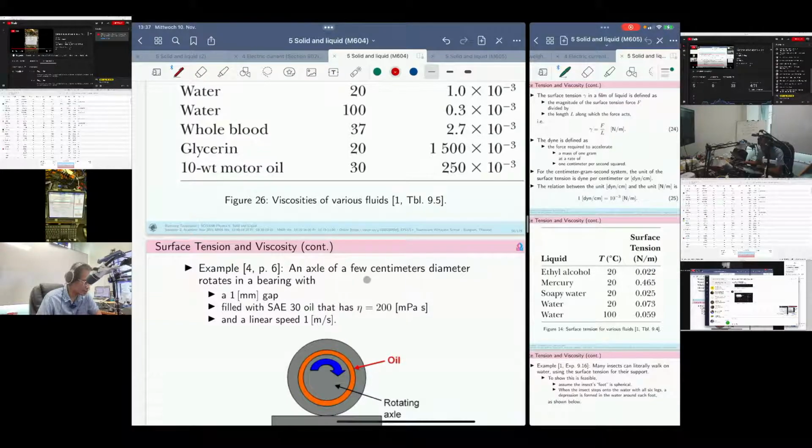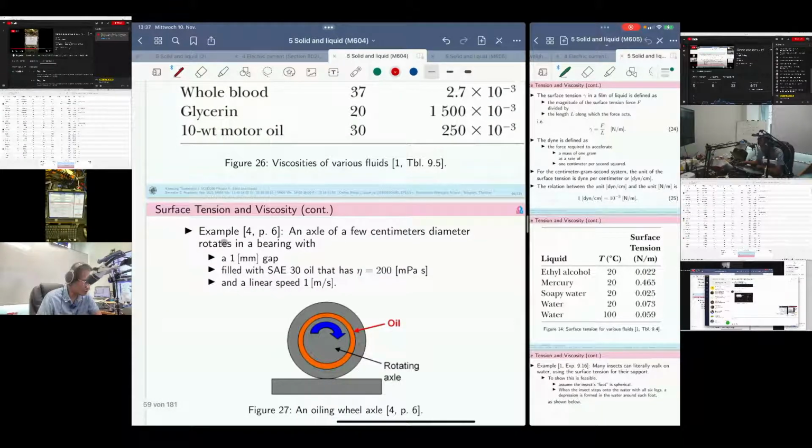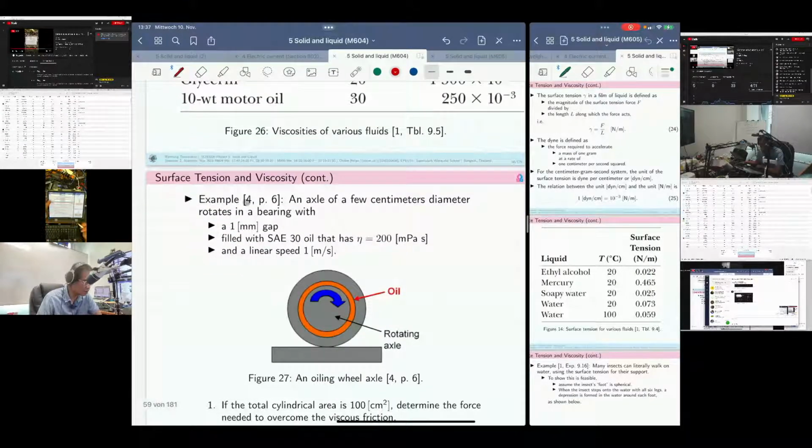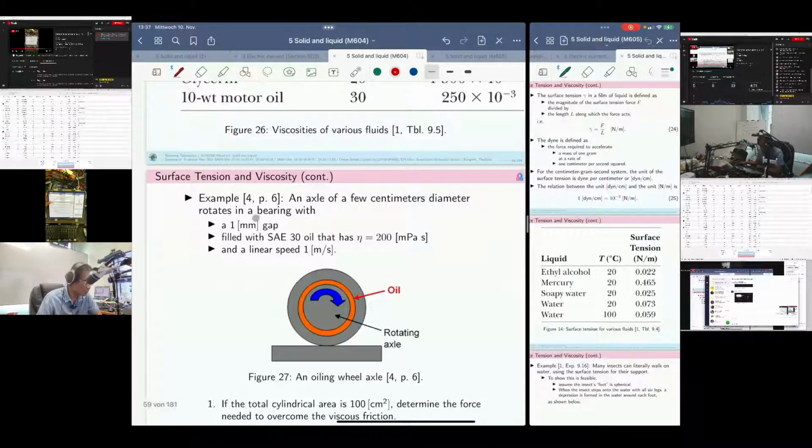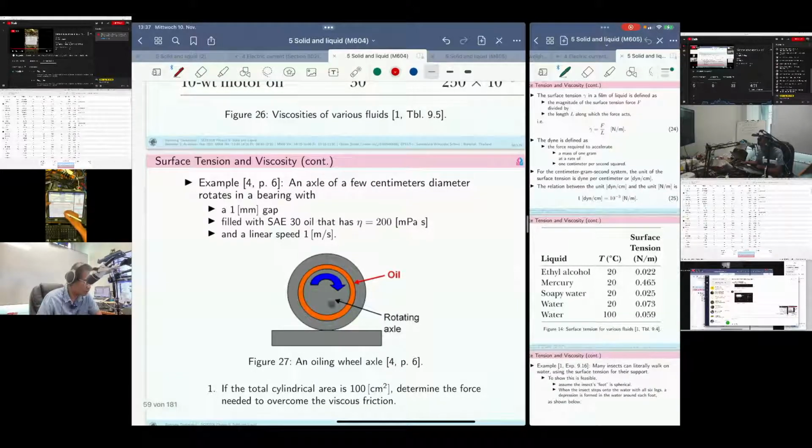And axle of a few centimeters. Let's start with this example. An axle of few centimeters diameter rotates in the bearing like this. This is the axle, and we have here in the orange ring, it's oil.